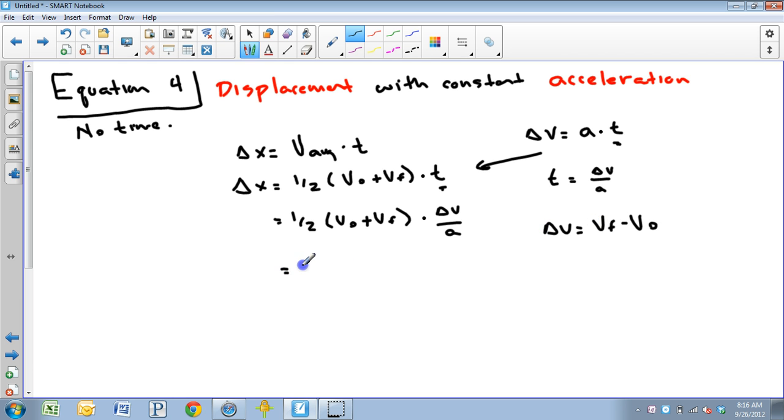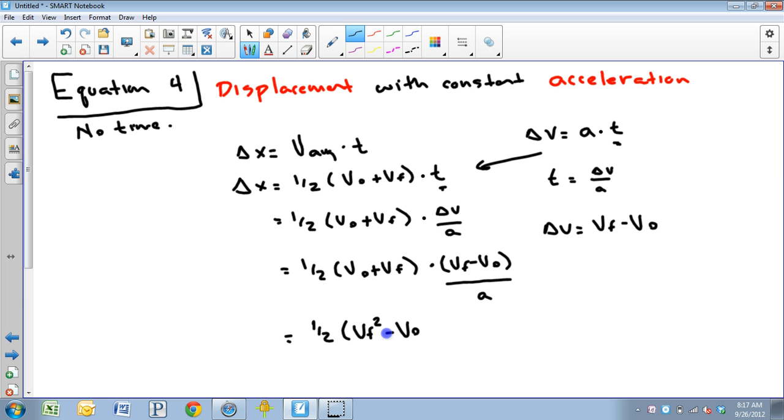So we get 1/2 V initial plus V final times V final minus V initial, all over acceleration. And if you remember your difference of squares, this is equal to 1/2 V final squared minus V initial squared over a. And this is delta x.